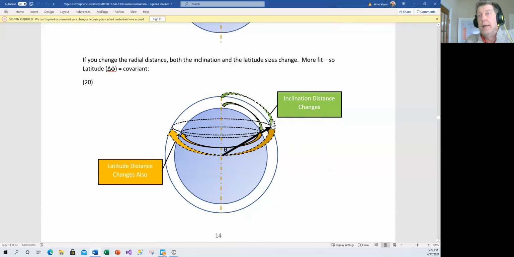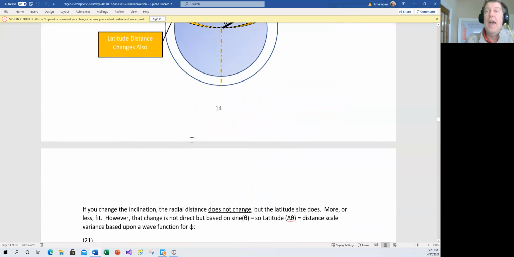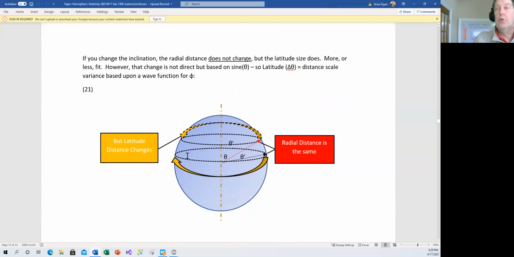Now, this ring here is the full circumference, and this ring is the circumference times the sine of that theta. And that becomes interesting when you change the longitude. You see, you change the longitude and the latitude changes, but it's not exactly the same. You're making a distance, and that shape itself is a sine of that change in theta.